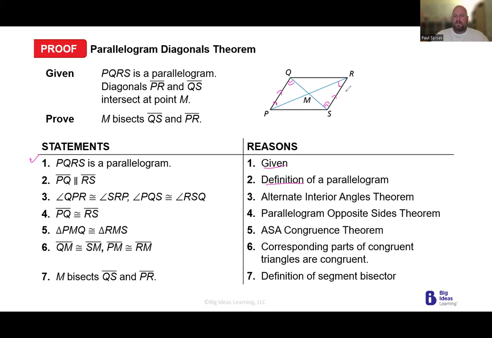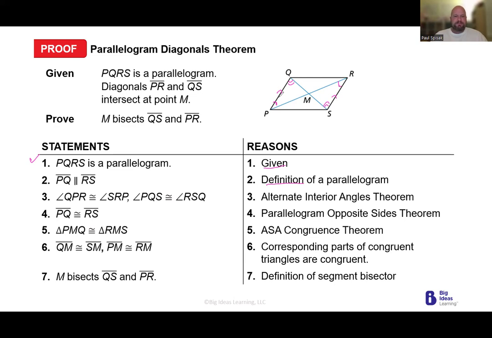So now we have two angles that are marked as congruent. We need a third piece. And again, we can't do another angle because AAA doesn't work as a congruency statement. But we do have enough information to say one of these sides is congruent.